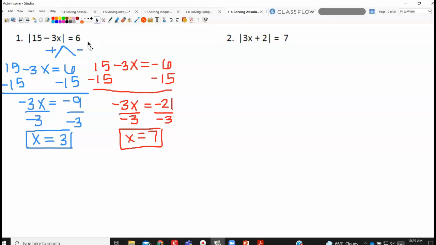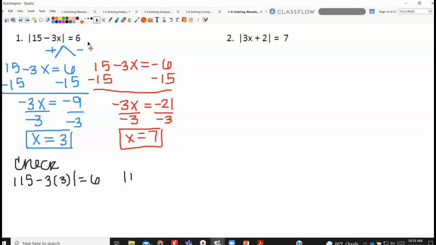Now, before we start on the next problem, we're going to quickly check these. You check by plugging back into your original. So it would be 15 minus 3 times 3, and we want to make sure that equals 6.